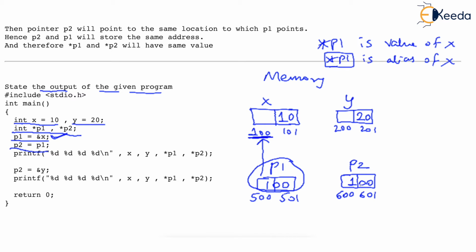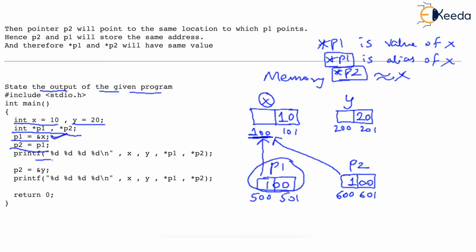The address stored by P2 now is 100. So P2 points to the same variable to which P1 points. In short, P1 and P2 point to the same variable x. So from now onwards, if you see *P2, this will also mean x. *P2 is nothing but value to which P2 points, and that is value of x.